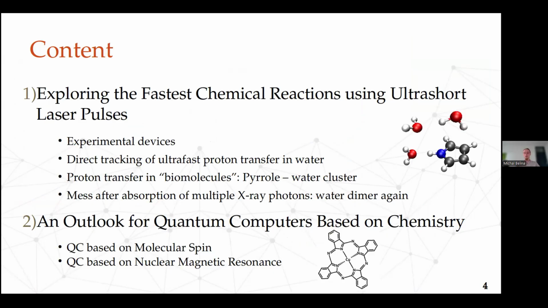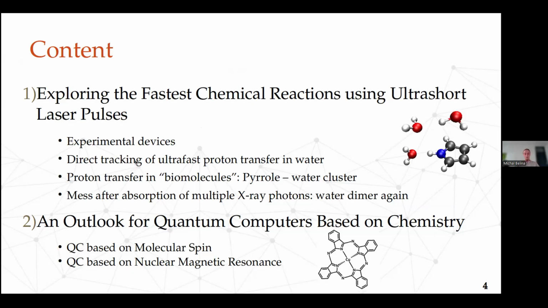It consists of two a little bit separate parts. In the first, I will describe what I did in my PhD, focusing on how the fastest chemical reactions are tracked, or how they can be tracked, and some other things.